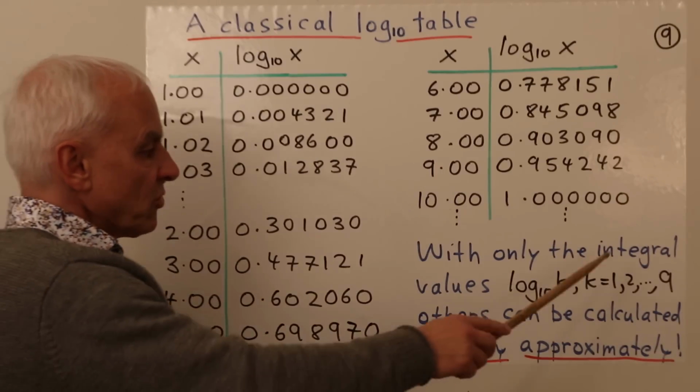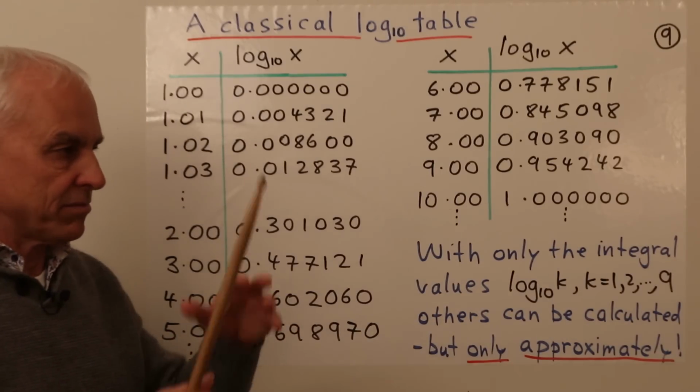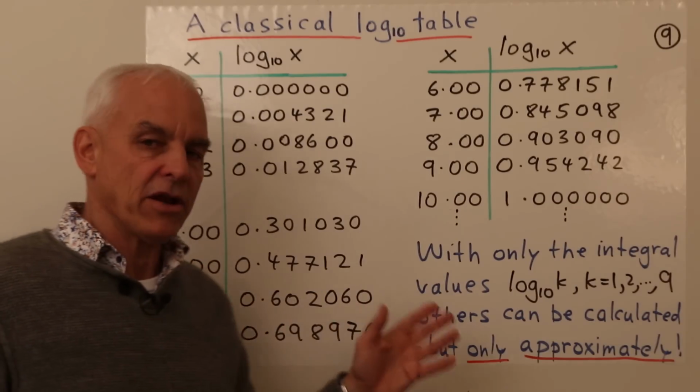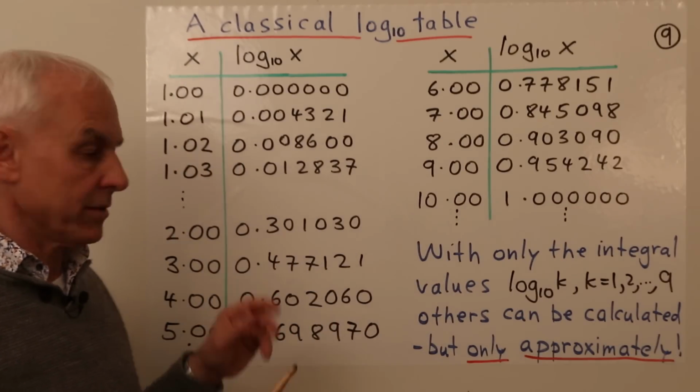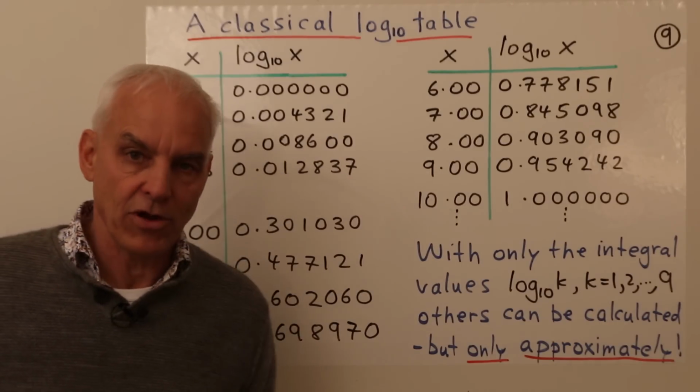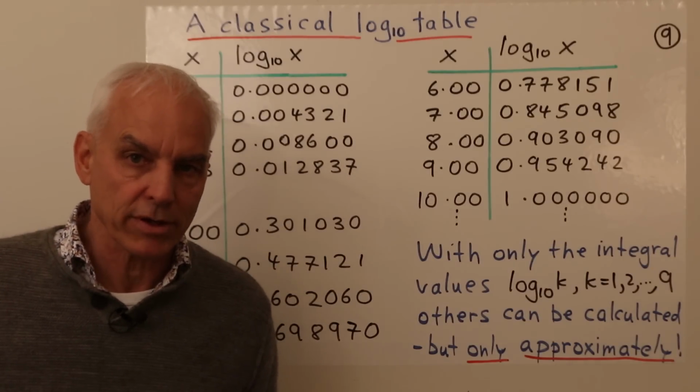Just with these integral values and a little bit of playing around with products and quotients, lots of other numbers can be calculated reasonably easily. So if you were stranded on a desert island and you had to take only a little bit of information with you, taking these 9 or 10 values along would be quite a useful thing, actually.